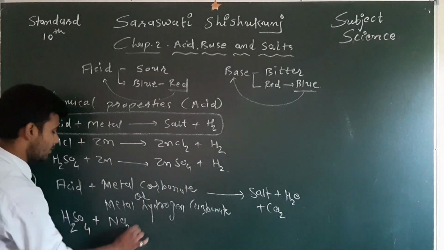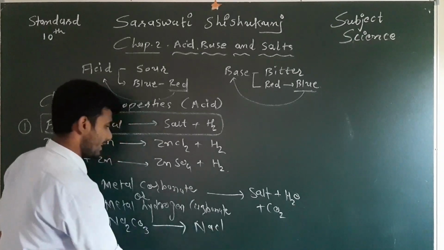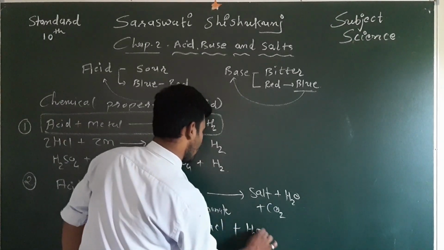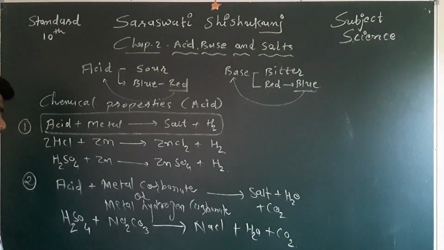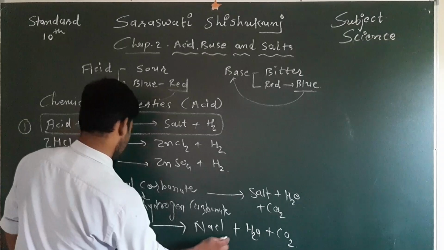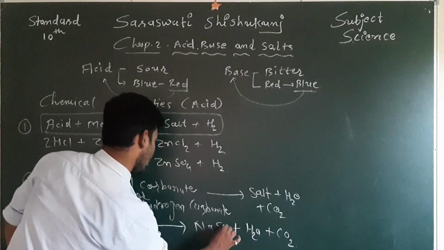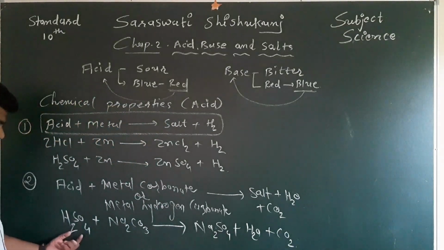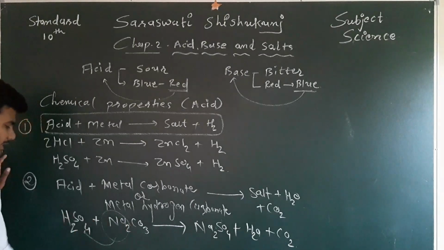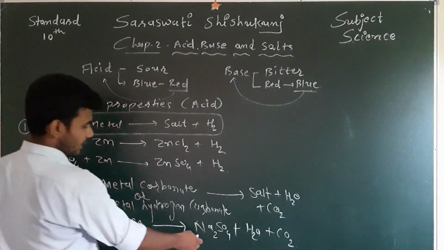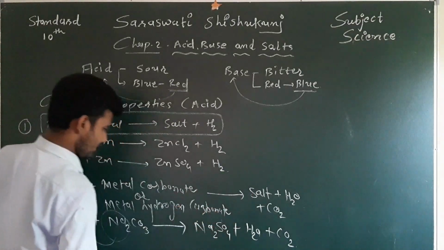Here we will take Na2CO3. Sorry, here we will get Na2SO4, right? H2SO4 plus Na2CO3. So this will move towards SO4, and it will give us Na2SO4 plus H2O plus CO2.